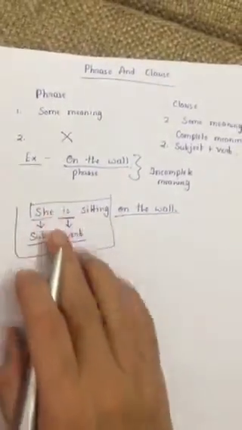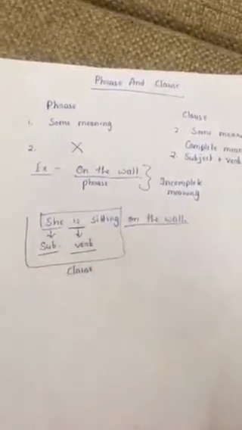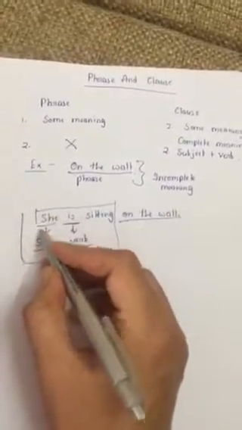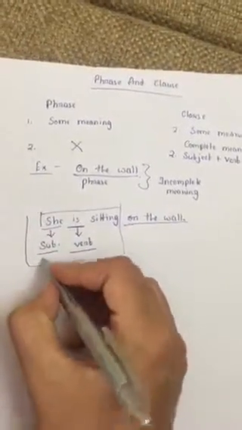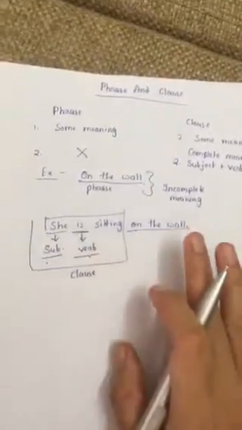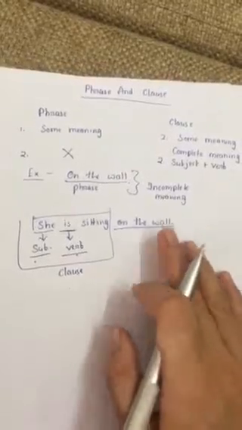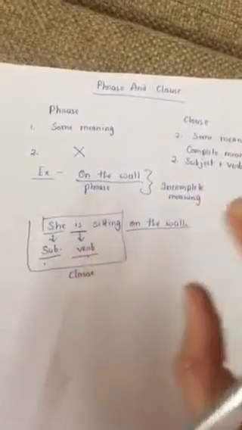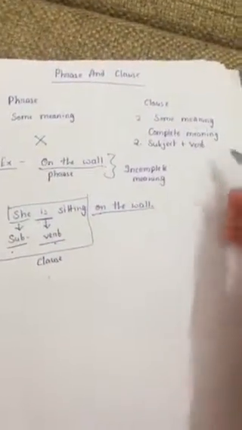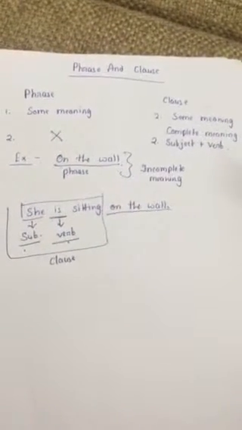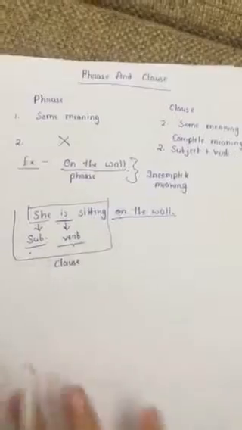Such clauses are called independent clauses because they are giving you complete meaning and they are not dependent on other clauses or phrases to draw their meaning. There may be some clauses which will not give you complete meaning, but even that clause will always have a subject and verb. Those clauses are called dependent clauses because they are dependent on something else to draw their meaning. Later we will discuss it.